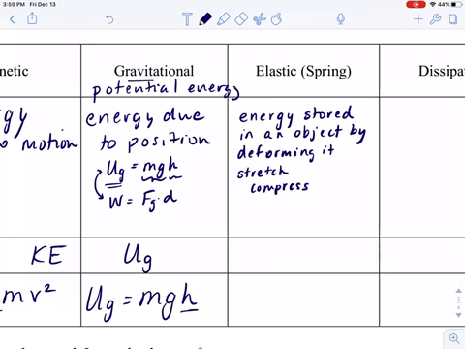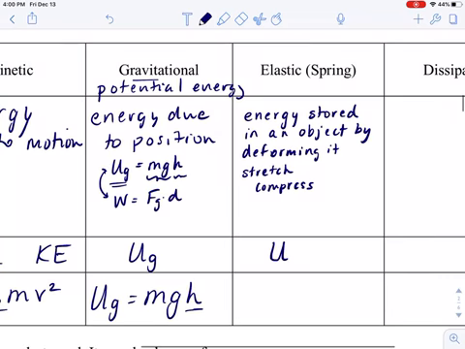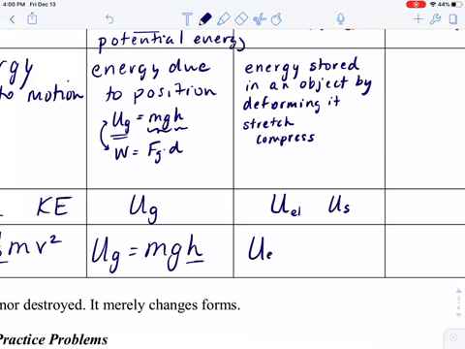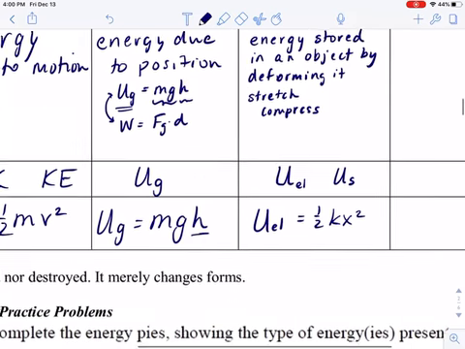The energy stored is potential energy, so we're going to call it U. And then I'm going to write EL for elastic. Sometimes you'll see people write an S for spring. And the formula for elastic potential energy is 1/2 kx squared. And we derived that in a lab.